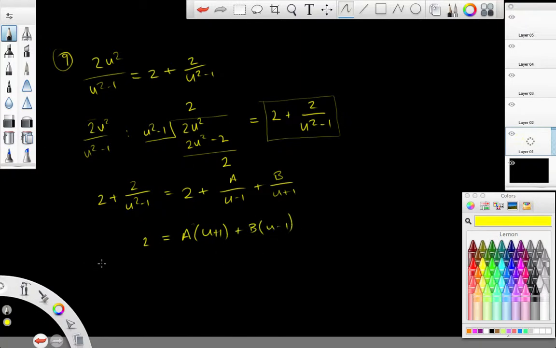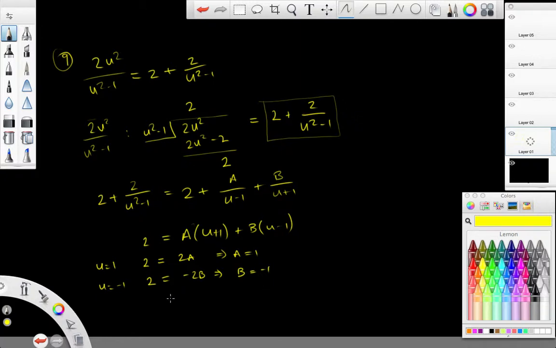In this case, if I take u equal to 1, we get 2 equals, u plus 1, that's 1 plus 1 is 2a, and the b's disappear, so therefore a equals 1. And if we take u equal to minus 1, that gives us 2 equals minus 2b, so that tells us that b is equal to minus 1.